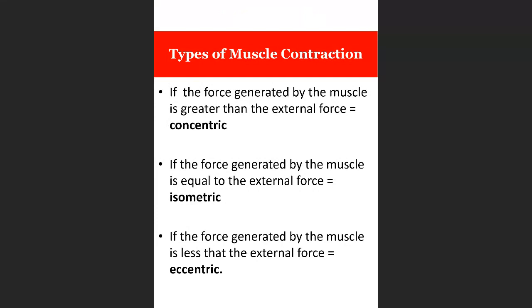Okay, good. We've got the acronym ICE. So we've got the isometric. Iso means the same, metric means length. Then we've got the concentric and the eccentric. And we can play about with these different movements to make the muscle fatigue.